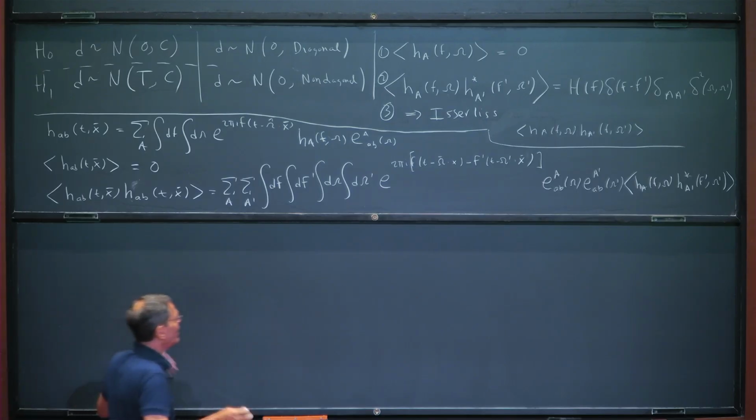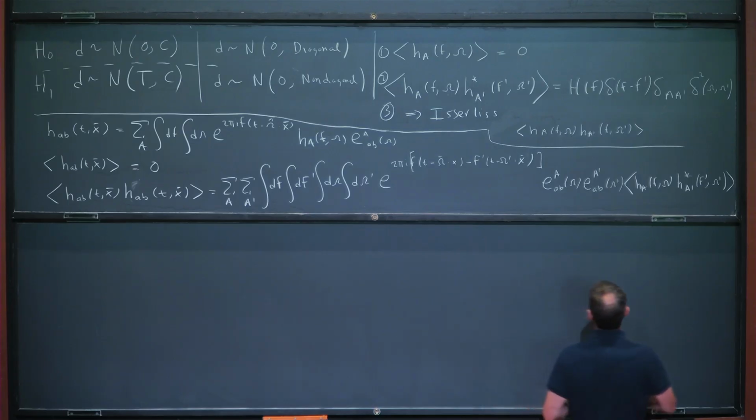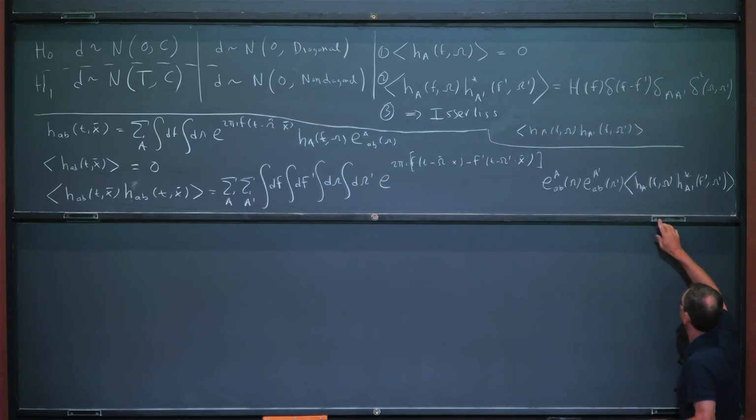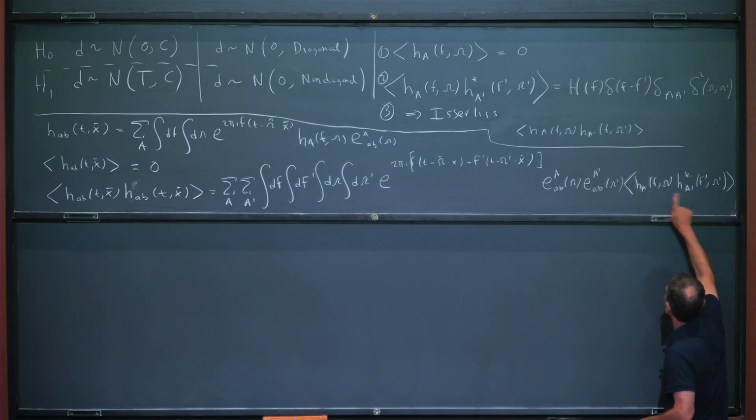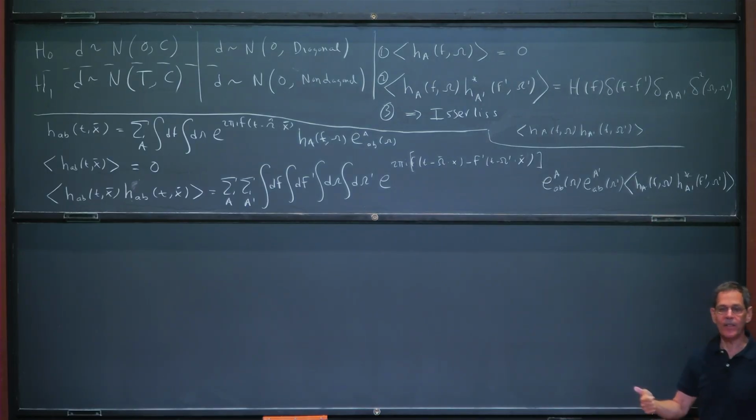But now, our life gets simpler, because this expected value here, as you can see, gives us a delta function in polarizations, a delta function in frequencies, and a delta function in the integral over the sphere.